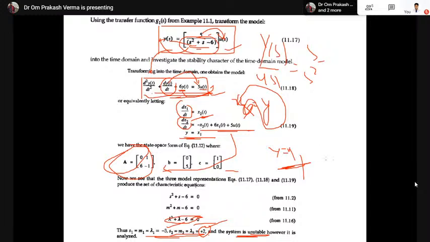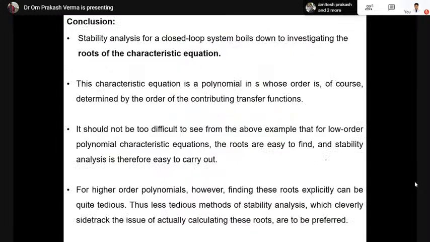Stability analysis for a closed loop system boils down to investigating the roots of the characteristic equation. All things depend on the nature of the roots of the characteristic equation. The characteristic equation is a polynomial in s, the Laplace variable, whose order is determined by the order of the transfer function.